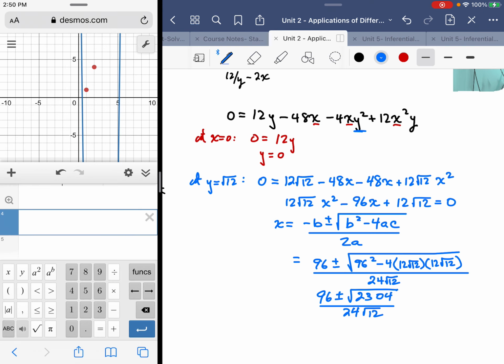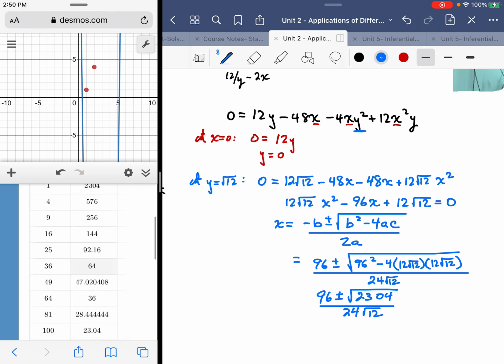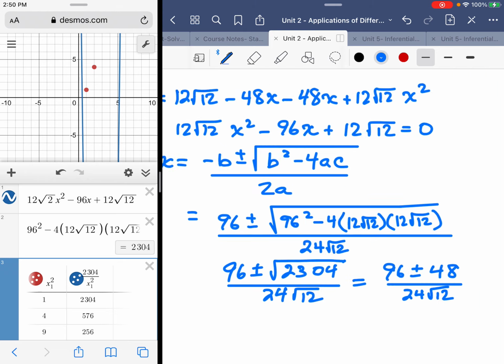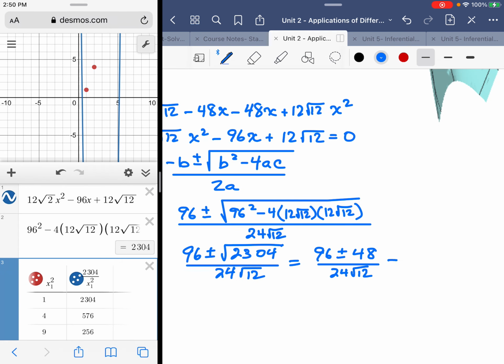All right, so the square root is 48. How nice. So anyway, we got 96 plus or minus 48 over 24 radical 12. At any point you can simplify the radical 12 prior to this moment.